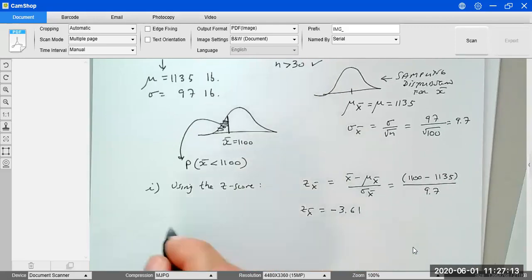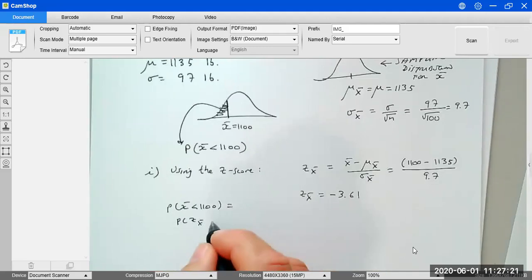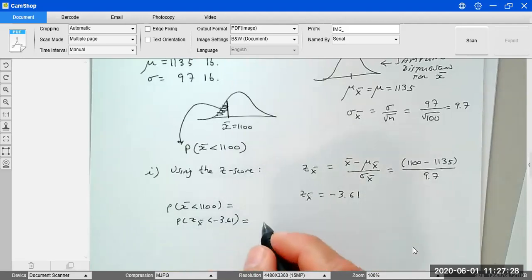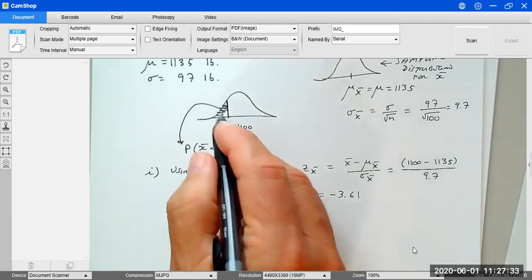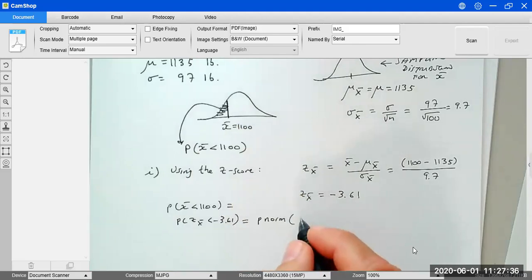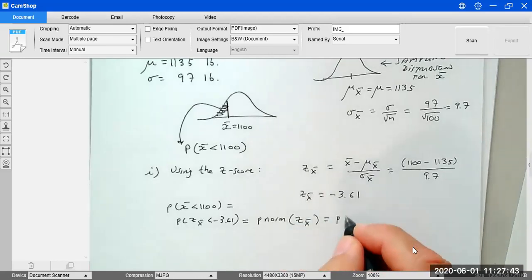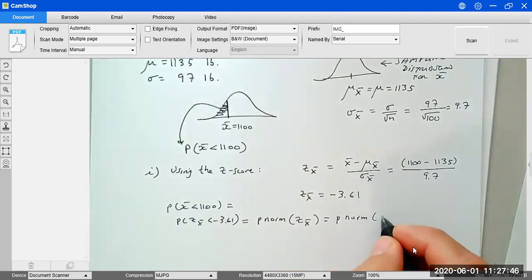Now we know that the probability of x bar less than 1100 is equal to the probability that the z-score is less than negative 3.61, and that is going to be just pnorm, because this is the area to the left, pnorm of negative 3.61.